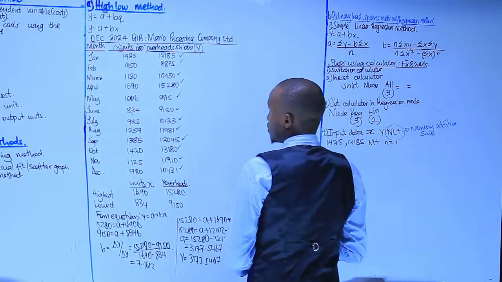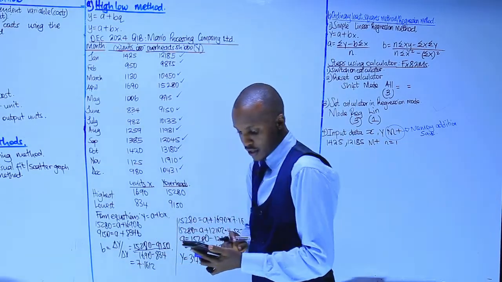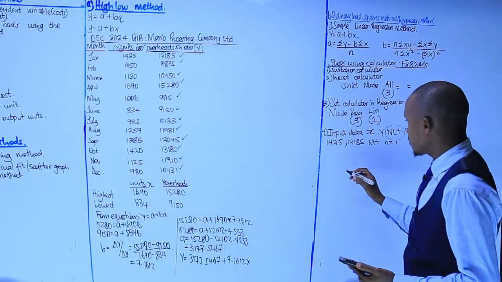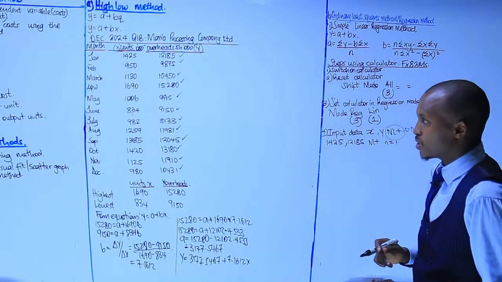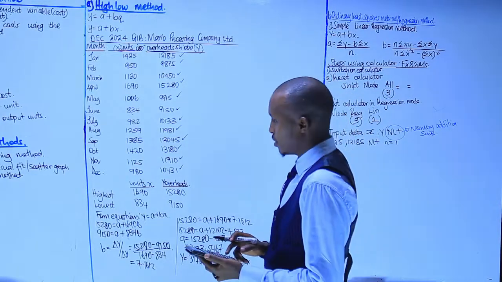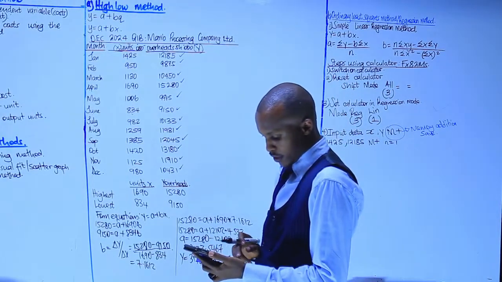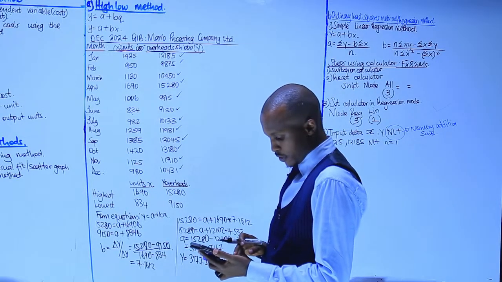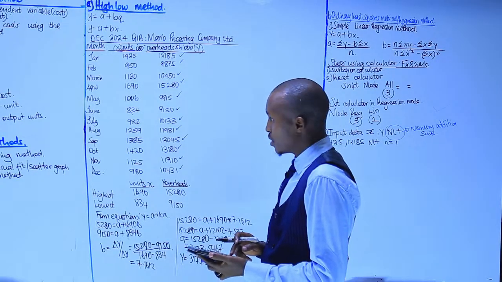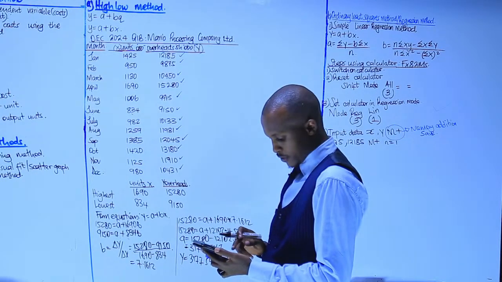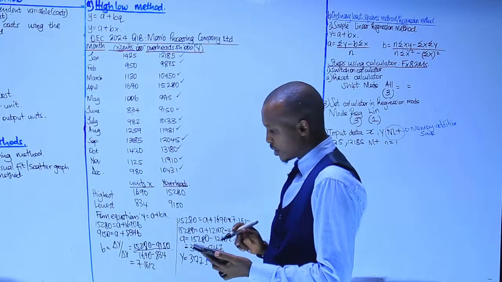The next observation is 950, comma, 9875, M plus. The third observation is 1190, comma, 10450, M plus. The fourth one is 1690, comma, 15080, M plus.